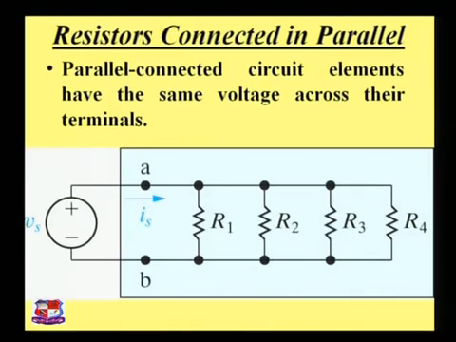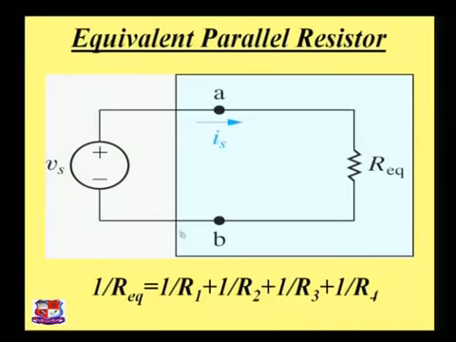Now what about resistors connected in parallel? Parallel connected circuit elements have the same voltage across their terminals, as we already discussed. So here is the circuit, the points are A and B, and all the resistors are connected in parallel form or in shunt form, R1, R2, R3 and R4. The equivalent resistance of that is indicated as R eq.